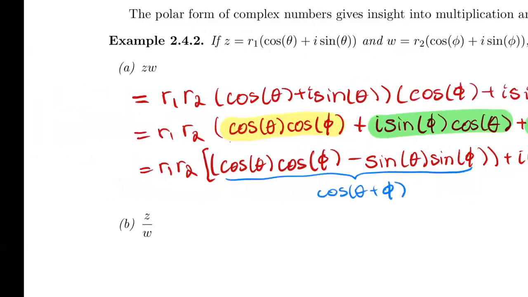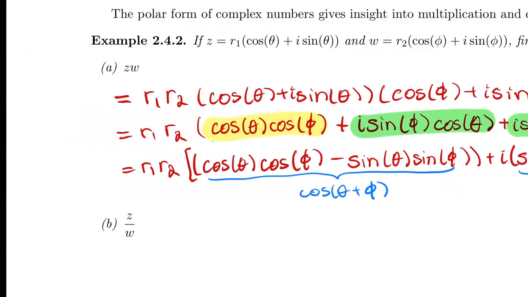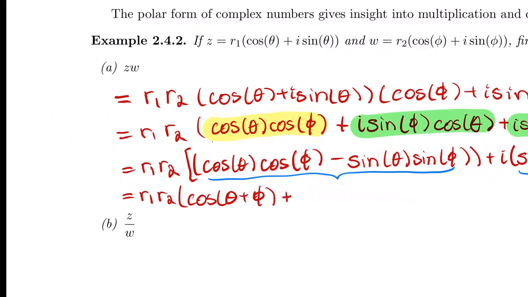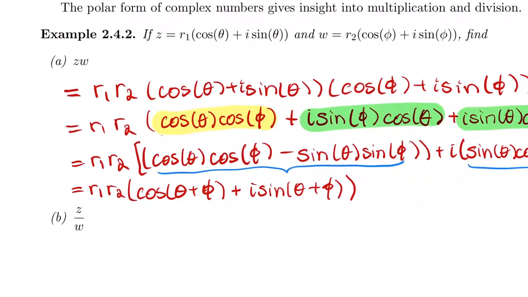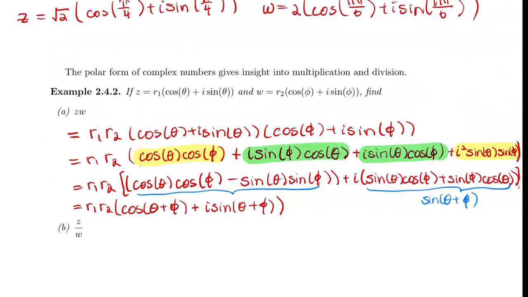So that means the multiplication of two complex numbers in their polar forms is just going to be R1 R2 times cos theta plus phi plus I sine theta plus phi. And that is the product of two complex numbers in their polar forms.